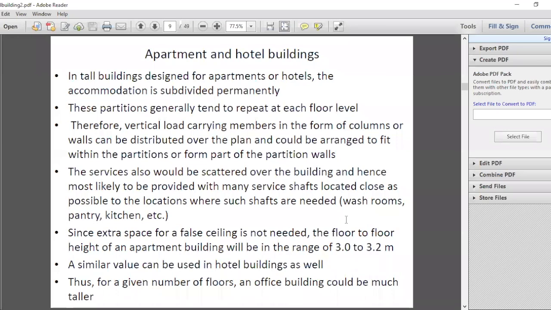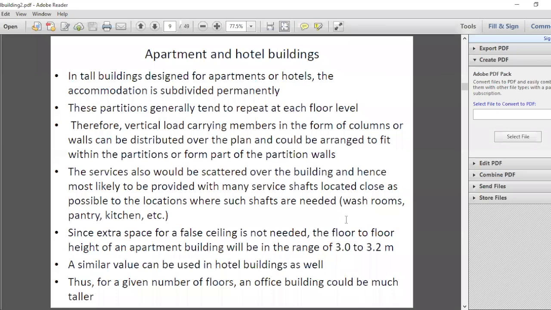So it's common to see apartment buildings having a reasonable number of vertical walls arranged at the partitions, and in doing so, we can control the span of the slabs to a desirable level, so that you will be able to construct the apartment building with a preferred floor-to-floor height like 3 to 3.2 meters.